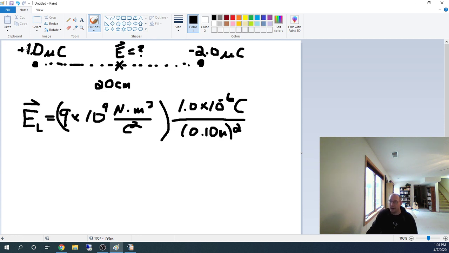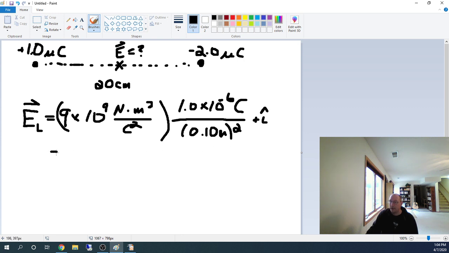The direction is where we put in the direction by hand. This is lying along the x-axis, and we can see that the electric field points to the right of a positive charge. Electric fields always point away from positive charges and toward negative charges. So the electric field due to the charge on the left is in the positive i-hat direction.